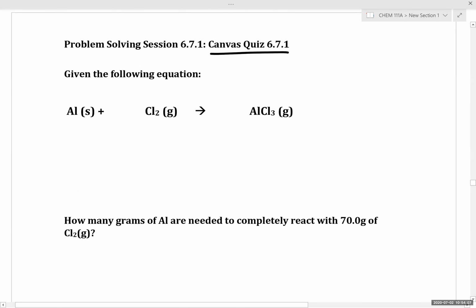This is Canvas quiz 6.7.1. And don't be shy to submit your responses in the chat and I'd be happy to provide feedback. So we'll discuss our balanced equation in about 2 to 3 minutes, but you're welcome to submit your responses for both parts of this exercise in the chat or via Canvas.